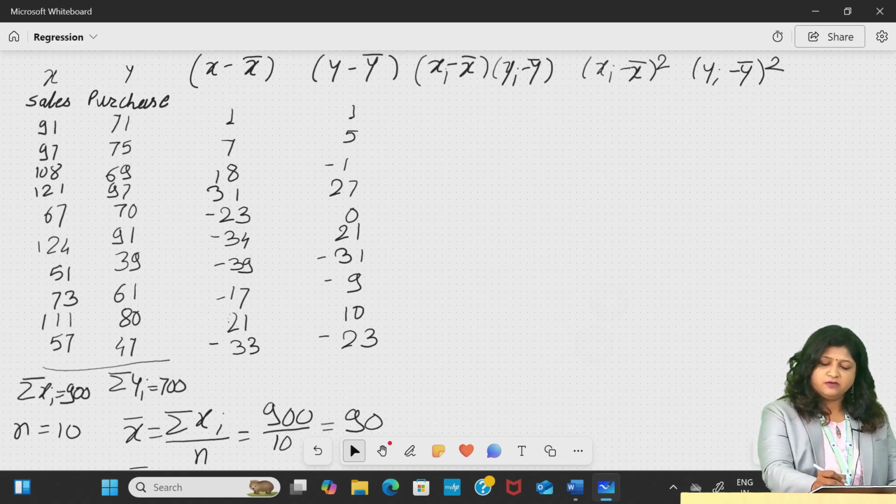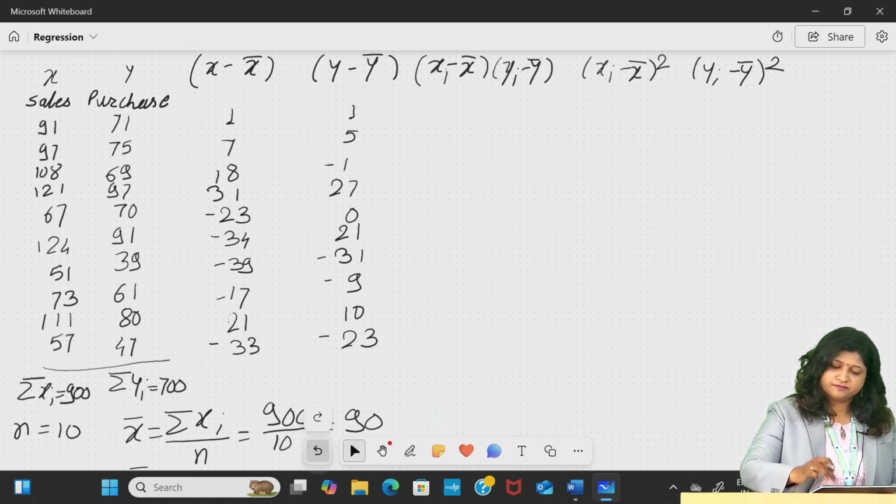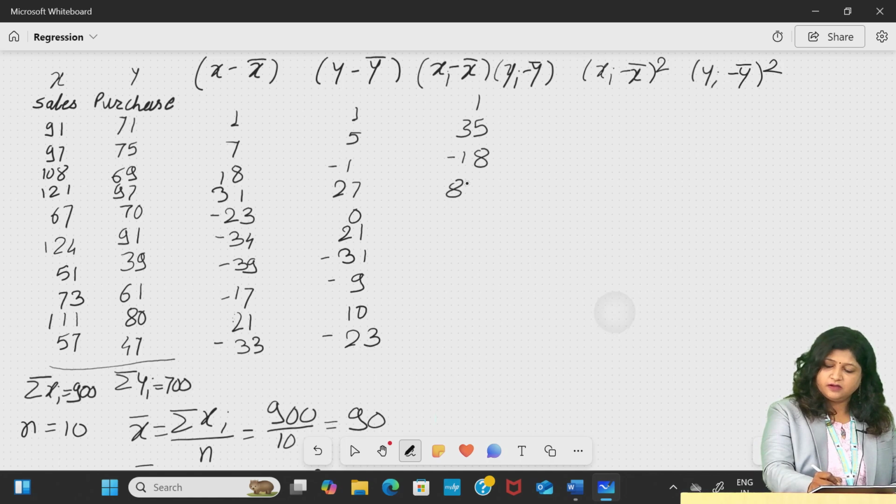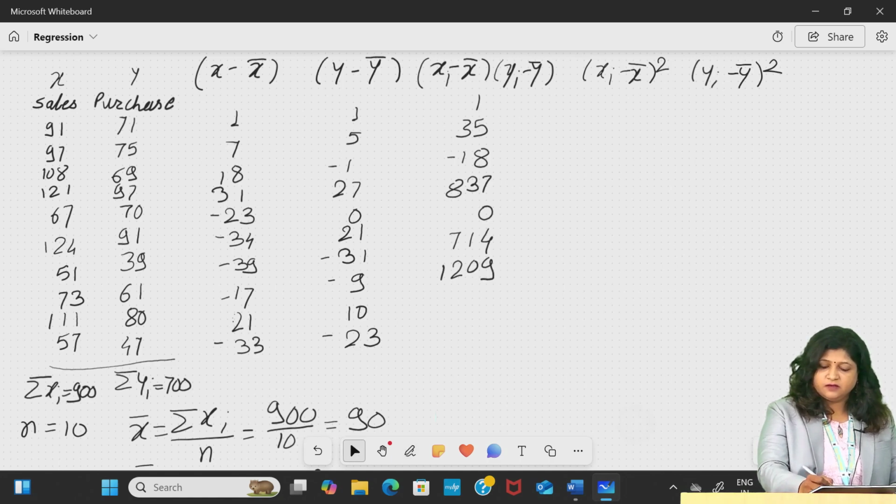So the values of the fifth column will be 1, 1, 35, minus 18, 8, 37, 0, 7, 14, 1209, 153, 210 and 759.